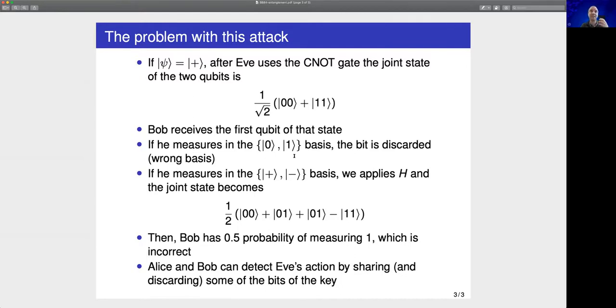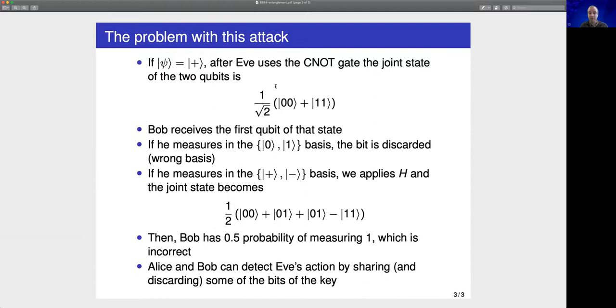So imagine that instead of 0 or 1, Alice is sending this qubit psi, which is in the state plus. Then Eve cannot know what the qubit is without measuring, and even if she measures, she cannot recover complete information about the qubit.